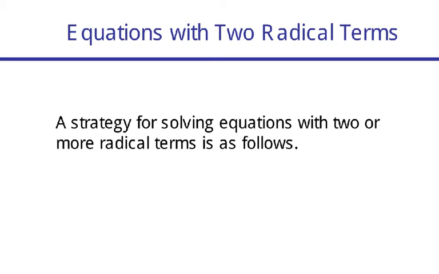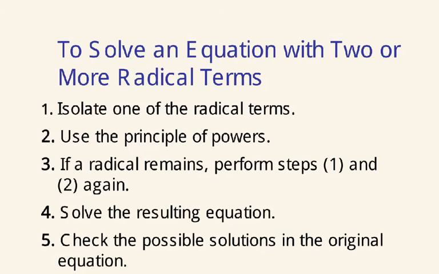Now when you have 2 or more radical terms, you isolate one of the radical terms. You just choose one, put it on one side all by itself, and use the principle of powers. So find the index of that one you've isolated, raise each side, the entire side as a unit to that power, and simplify from there.